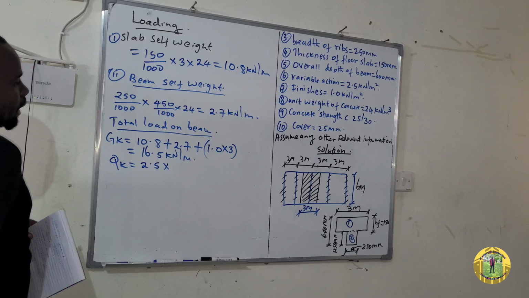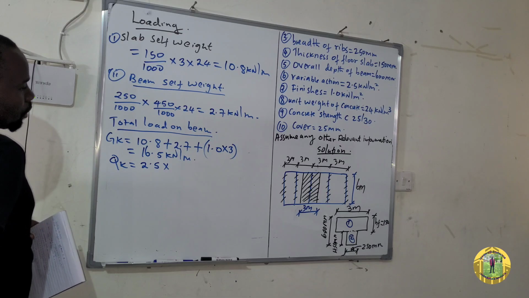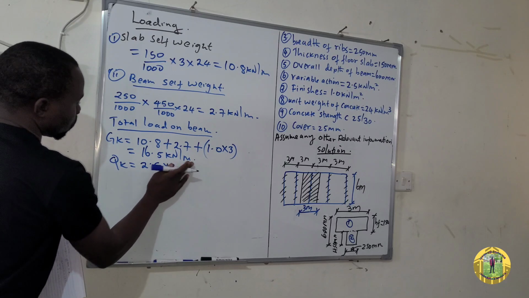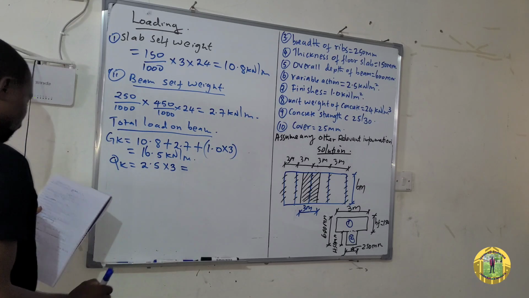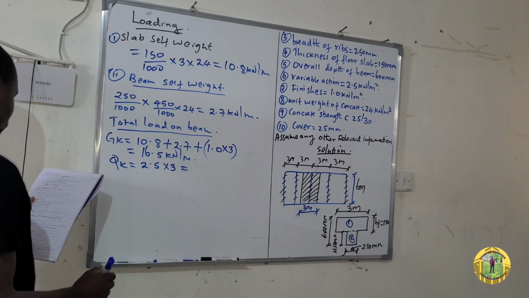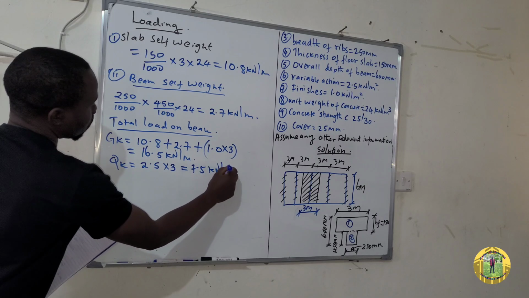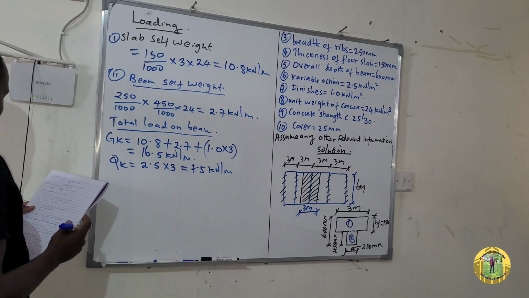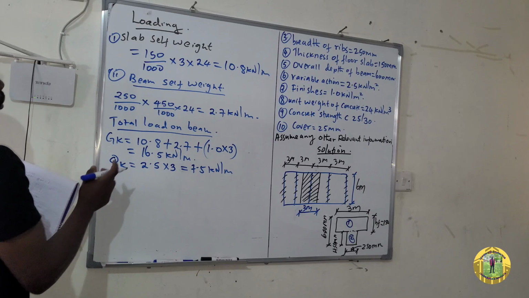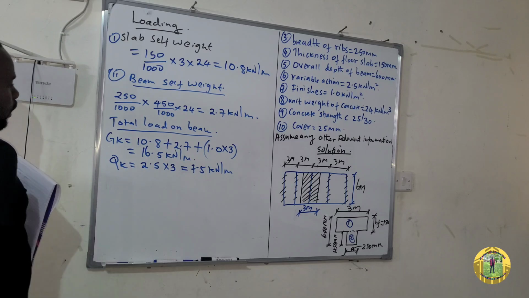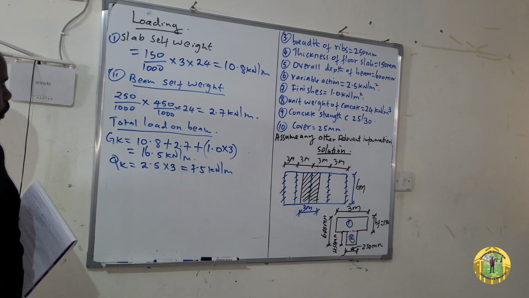So multiply by the distance supported by this load of the slab. So times 3. So this one is equal to 7.5 kilonewton per meter. So that is the total load on the beam. This is the total permanent action, and this is the total variable action.